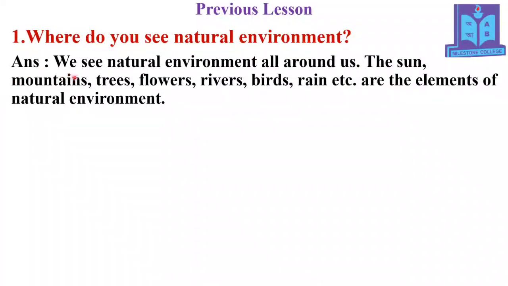The answer is, we see natural environment all around us. The sun, mountains, trees, flowers, rivers, birds, rain, etc. are the elements of natural environment. Very good, my dear.